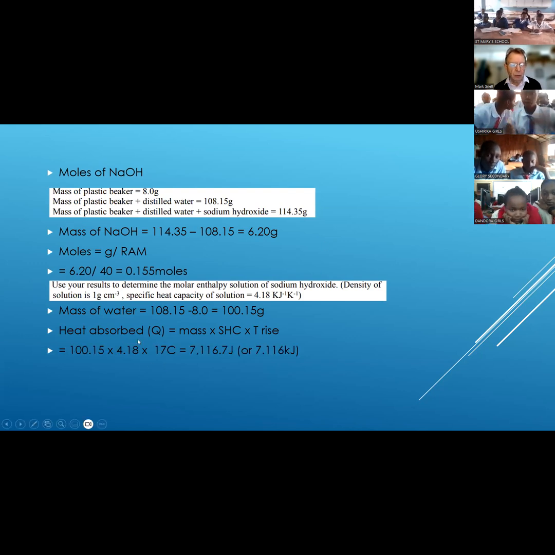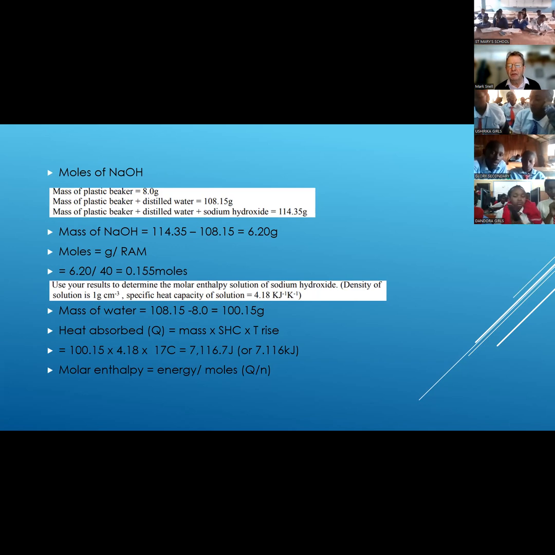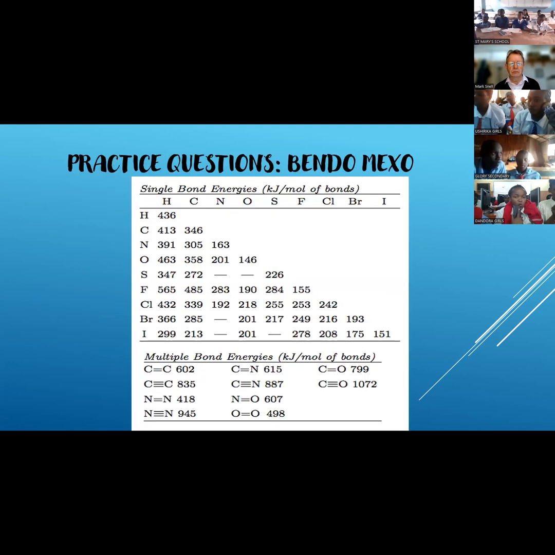We were given 4.18 and we've worked out it's 17. So the total heat is 7,116 joules, or 7.117, sorry, not 6, kilojoules. Divide that by the number of moles of sodium hydroxide and we get 45.9. And it should be negative because it got hotter.